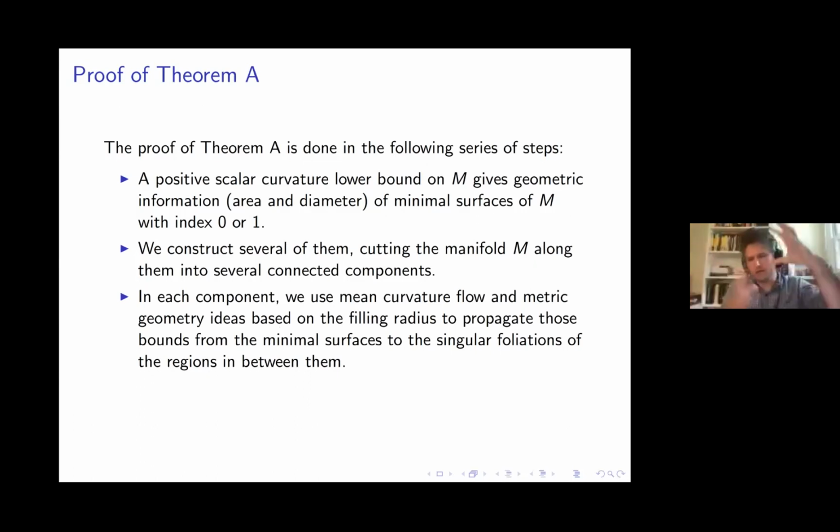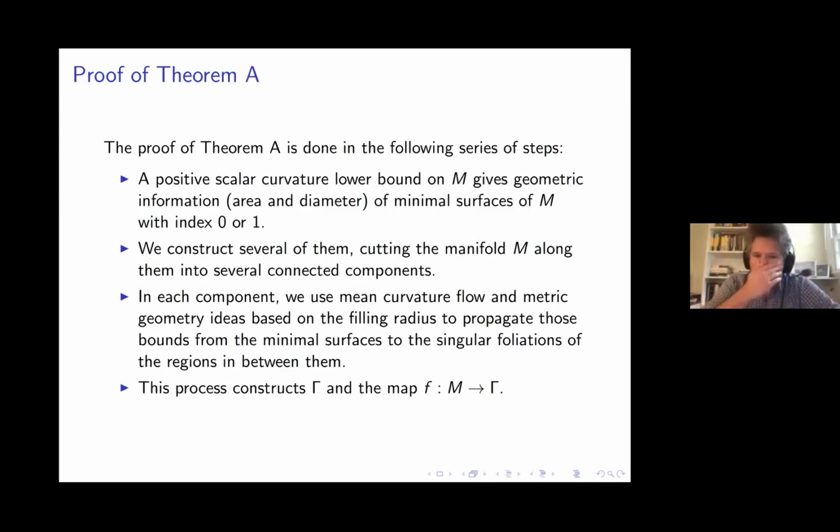The boundaries are minimal surfaces of controlled geometry, and we want to propagate this information inside. Essentially, this process will construct the graph, the graph gamma.